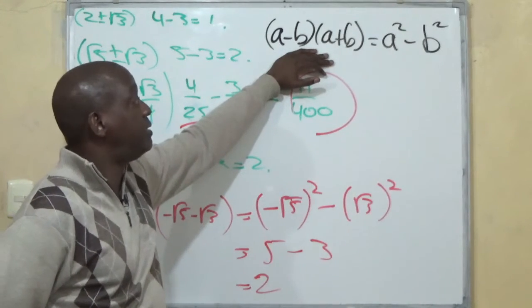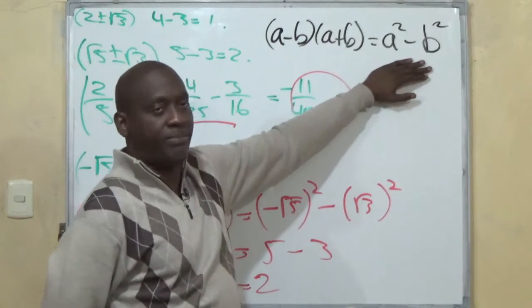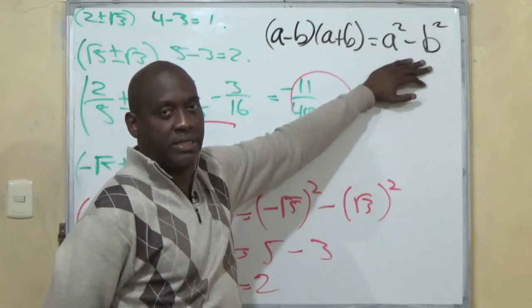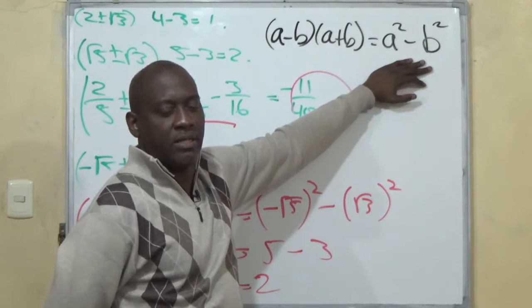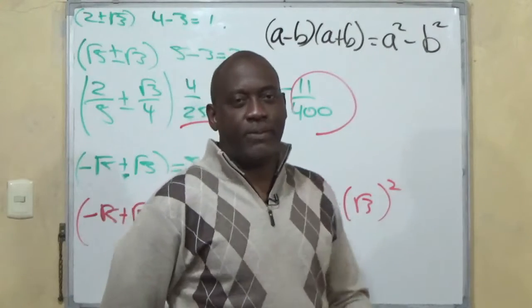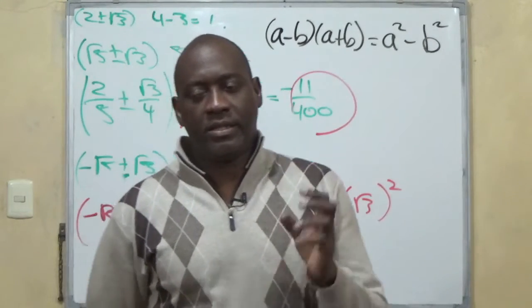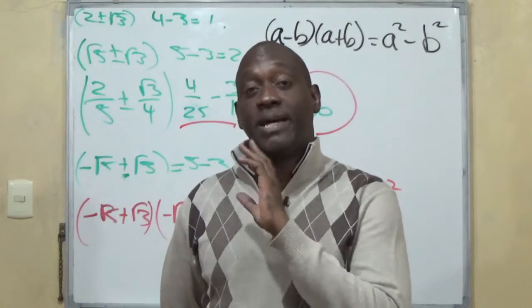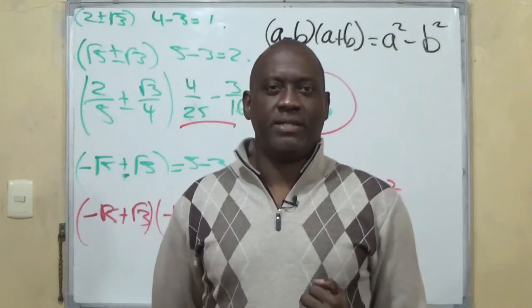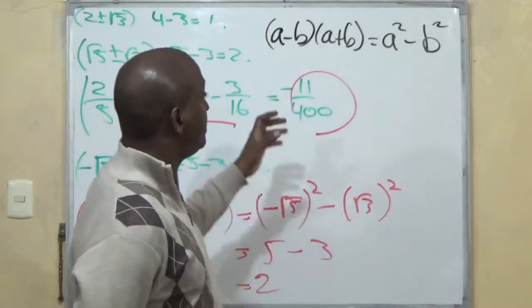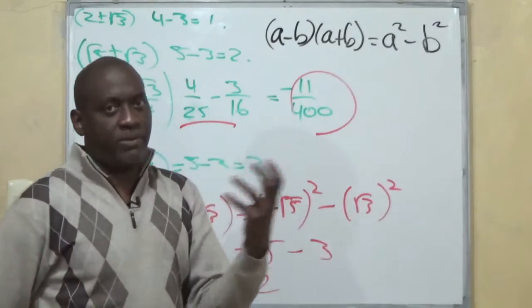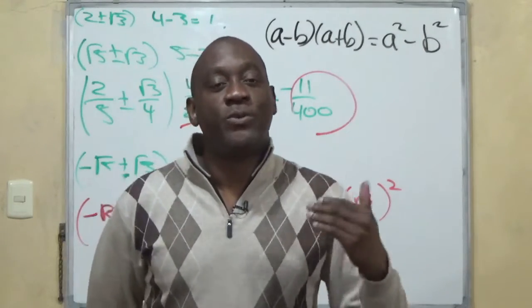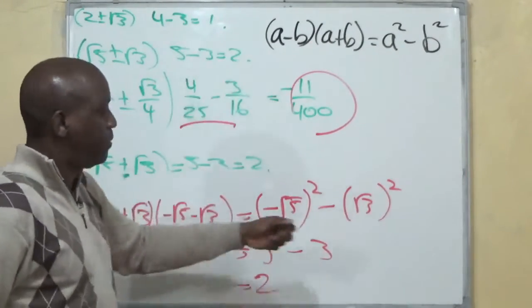And once you have that, you know that when you multiply those two, you'll get a squared minus b squared. And that is why when you multiply a compound, a binomial surd by its conjugate, you will get a rational number. Because of this, the two terms in the middle will cancel out, and those two terms will be the terms with the surd, as you would have seen when we went through it on the board here.